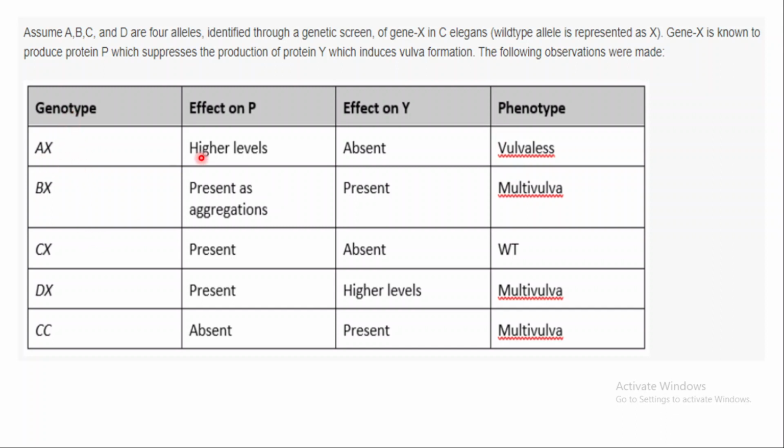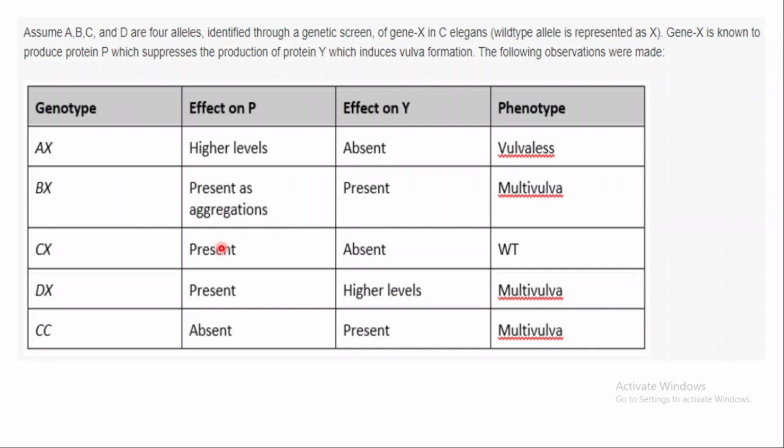Genotype AX, what is the effect on P, effect on protein Y, and what is the resultant phenotype. Genotype AX, when allele A is with X, higher levels of P, effect on Y is absent, phenotype is vulvaless. Similarly, BX, effect on P present as aggregations, effect on Y present, phenotype multivulva.